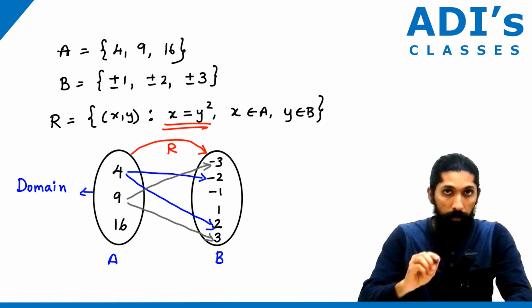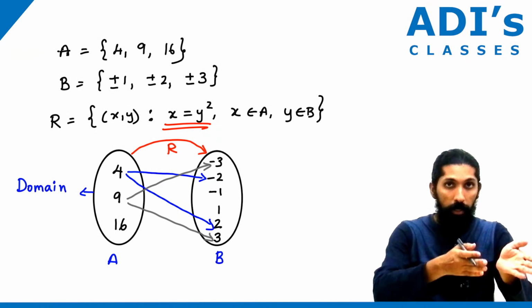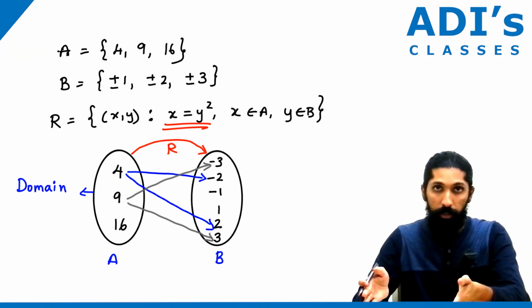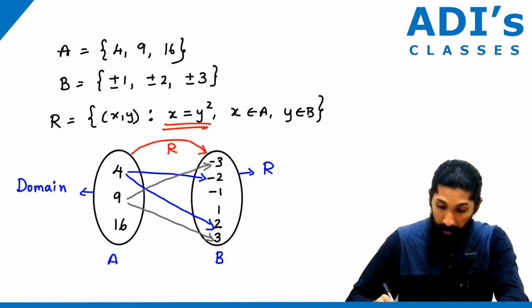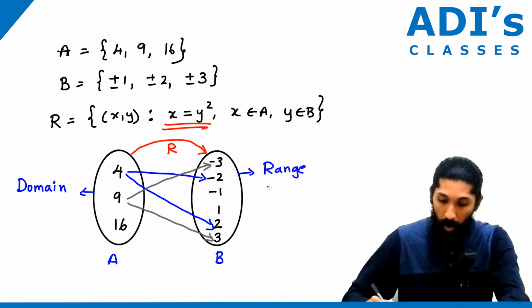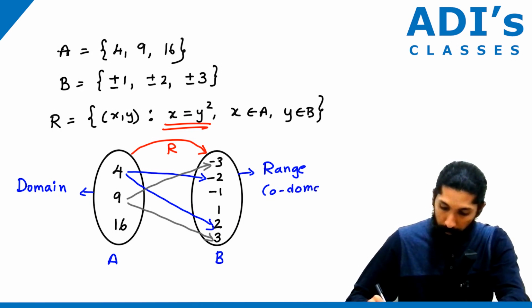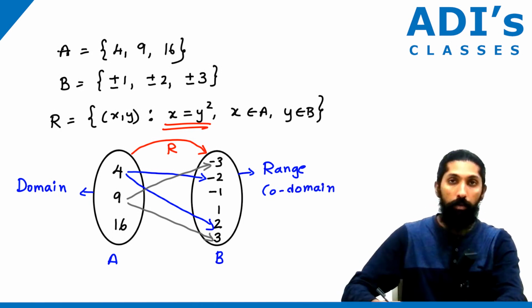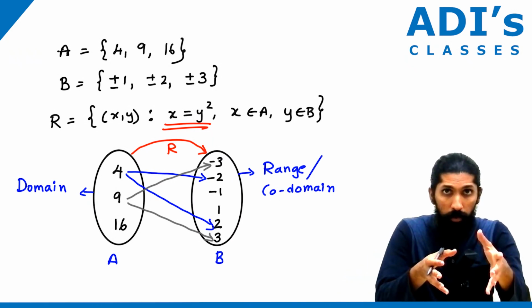Okay, that is a very important word, domain. Then from A, there is a relation to B, correct? That means B is called the range, or sometimes it's also called codomain. So range or codomain. So domain is what?